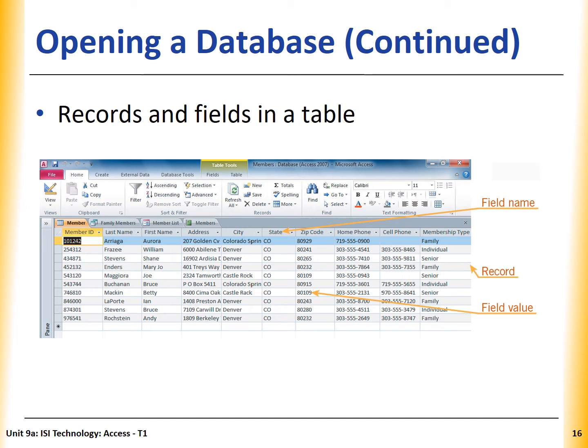All of this. Inside each record, we have cells, right? You notice here, for example, in member ID, we have 101242. The value in this cell is called a field value.